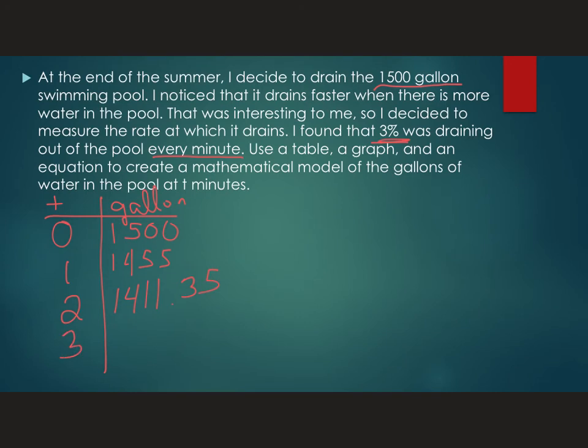And at 3 minutes, I have 1,369.0095. And you can see that we are decreasing, but the amount we're decreasing by is changing. It's not the same amount of decrease each time. It's 3%. So what would this graph look like?